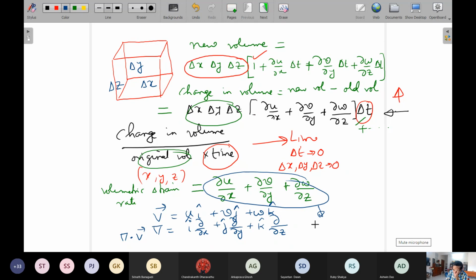So this is nothing but the divergence of the velocity. Again, we have achieved one particular feat by expressing this in a vector notation, independent of the coordinate system.